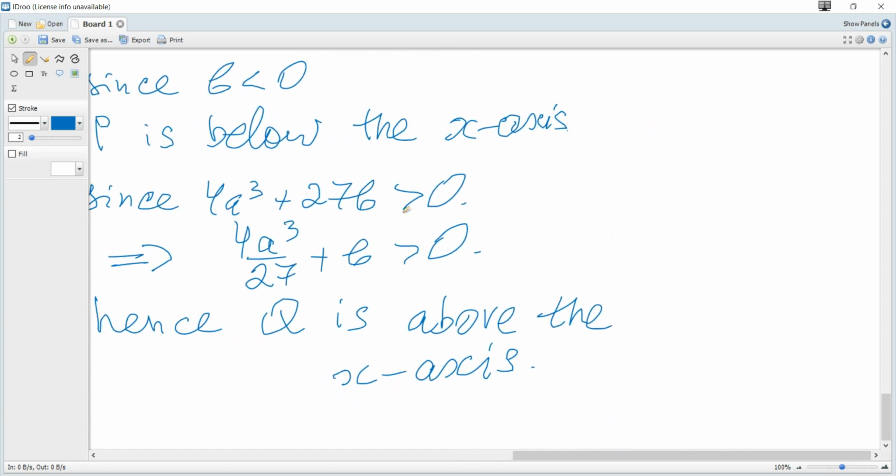You may just divide by 27, so you can see 4 over 27 a cubed plus b will also be greater than 0 over 27, and if we divide or multiply by a positive number, we keep the same inequality sign. If you divide or multiply by a negative number, you should flip the sign.